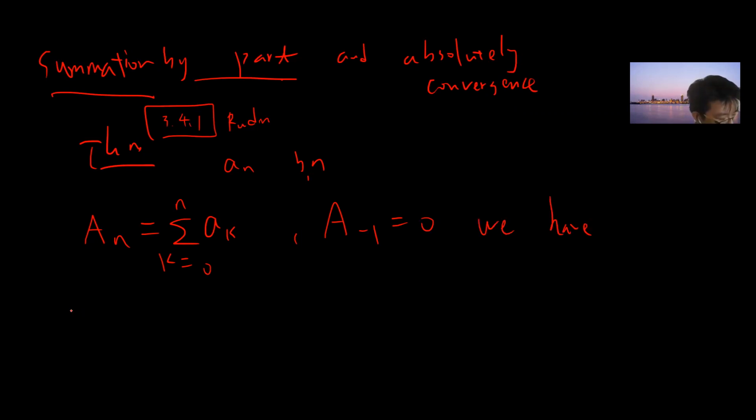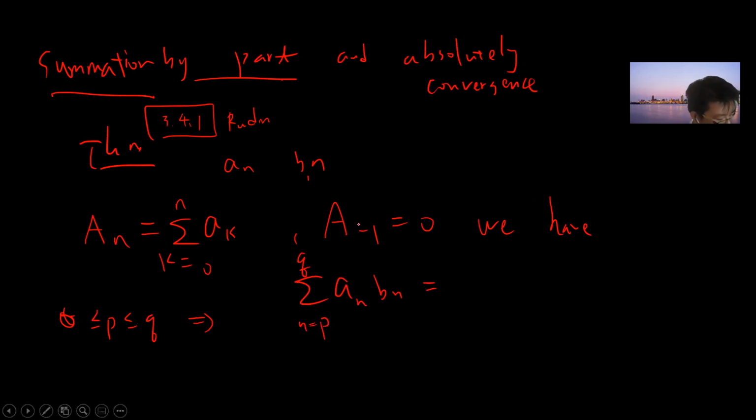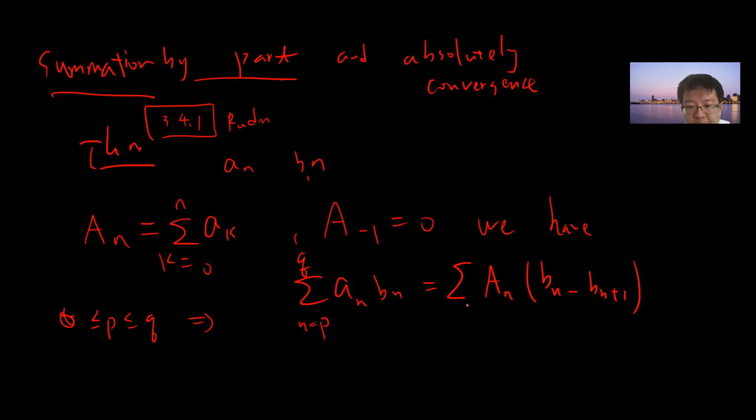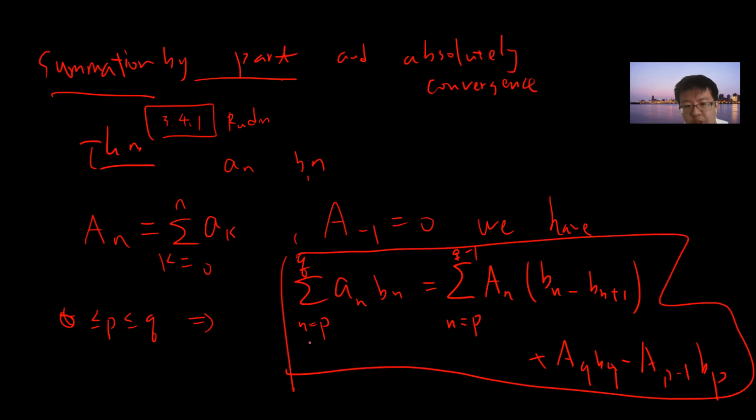Suppose that you have p less than q. Then the sum of an bn from p to q equals the sum of An times (bn minus bn plus 1), from p to q minus 1, plus Aq bq minus A(p minus 1) bp. So this is the summation by parts formula.